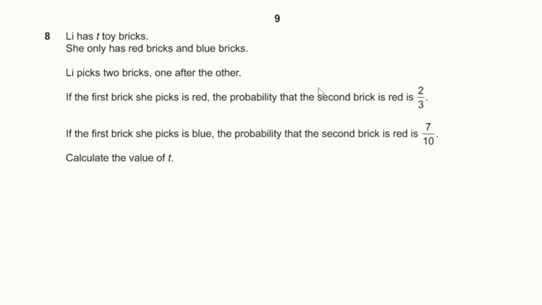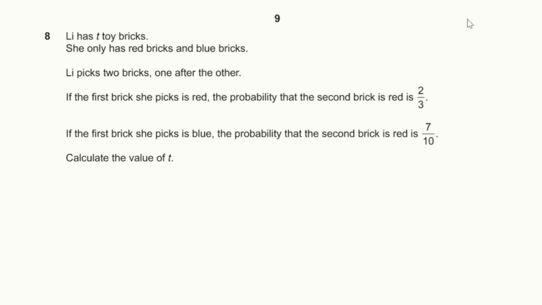Question number 8. Lee has t toy bricks. She only has red bricks and blue bricks. Lee picks 2 bricks, one after the other. If the first brick she picks is red, the probability that the second brick is red is 2/3. If the first brick she picks is blue, the probability that the second brick is red is 7/10.